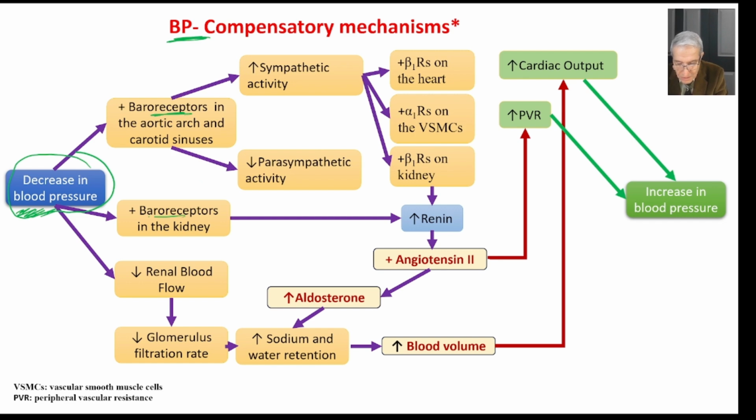This baroreceptor is available in the aortic arch, in the carotid sinuses and in the kidneys. We have to follow this system and know the situation. Okay, in the next slide we are going to discuss the blood pressure compensatory mechanism.